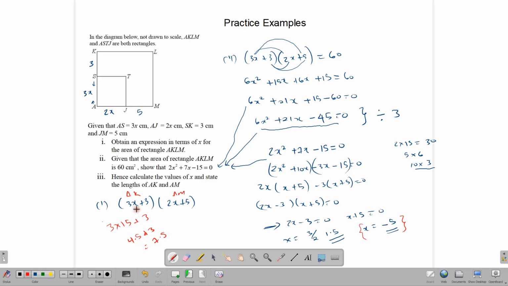So that's the value of AK. The value of AM is 2 times 1.5 plus 5, which is 3, plus 5, which will be equal to 8. So AK would be equal to 7.5 centimeters, and AM would be equal to 8 centimeters.